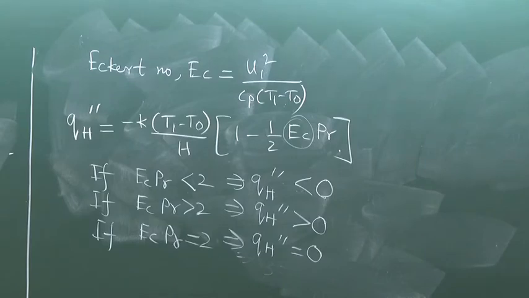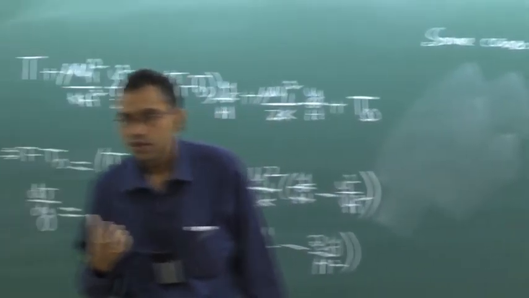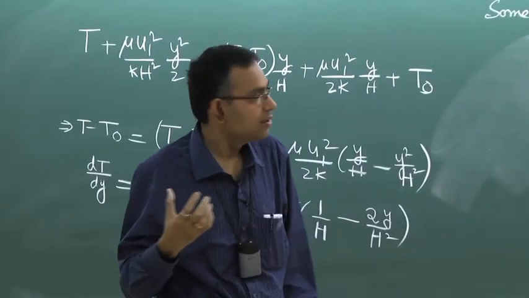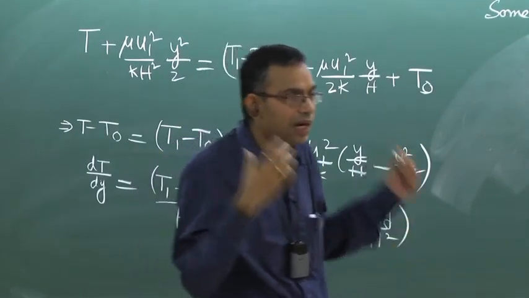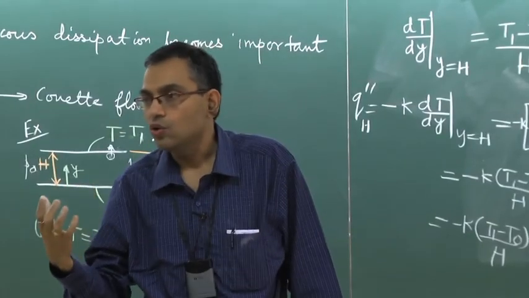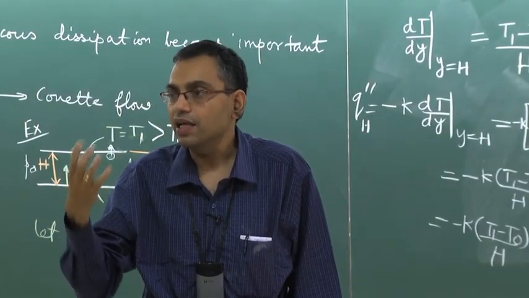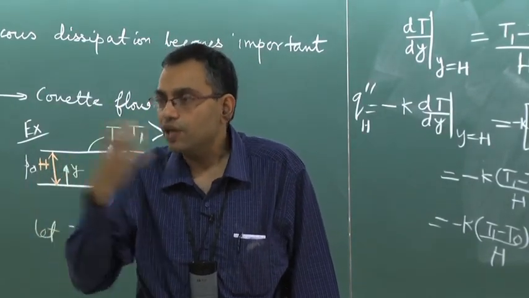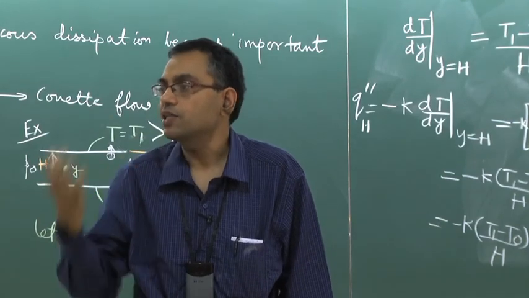So the very important message is that it's not just the Eckert number, but the Eckert number into Prandtl number that decides the strength of viscous dissipation in heat transfer. And based on its value, one can have interesting apparent inversions of the direction of heat flux.